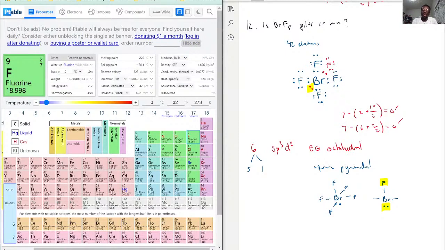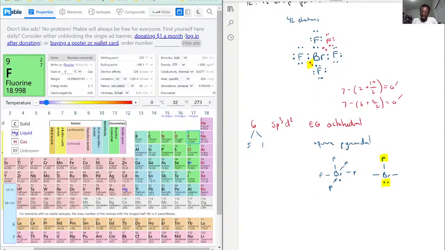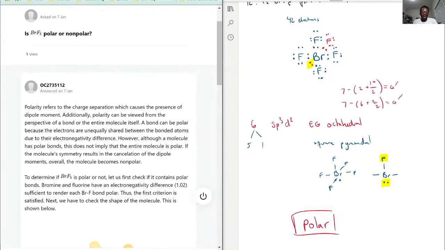Knowing that, we can now say without a doubt that this is going to be a polar molecule, because our molecular geometry is square pyramidal, and as you can see here, it's not an even distribution between the fluorines and that lone pair.